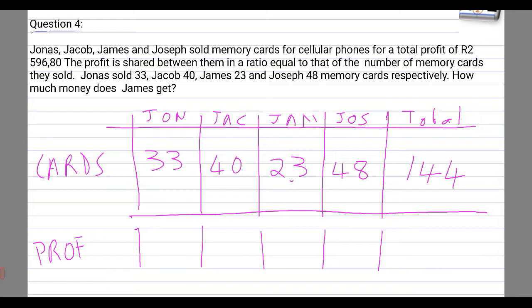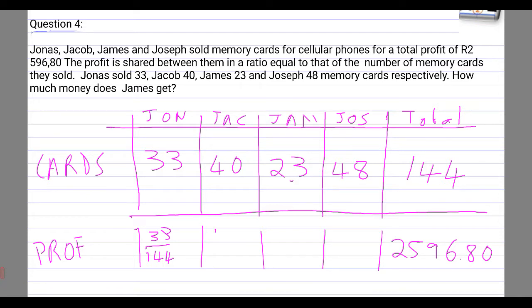So we know that the total profit is 2,596.80. For example, Jonas would get, out of the 2,596, a ratio of 33 out of 144 times the actual total amount.